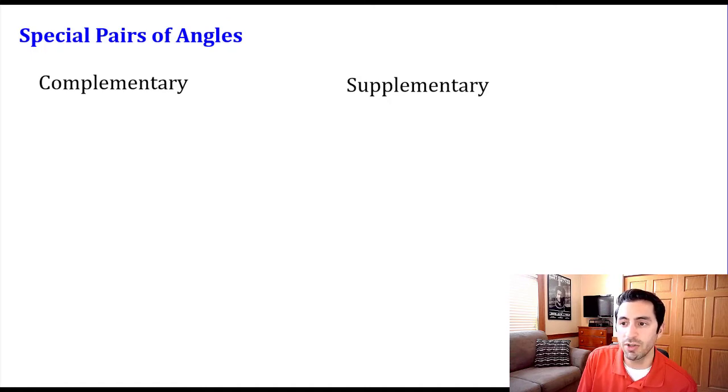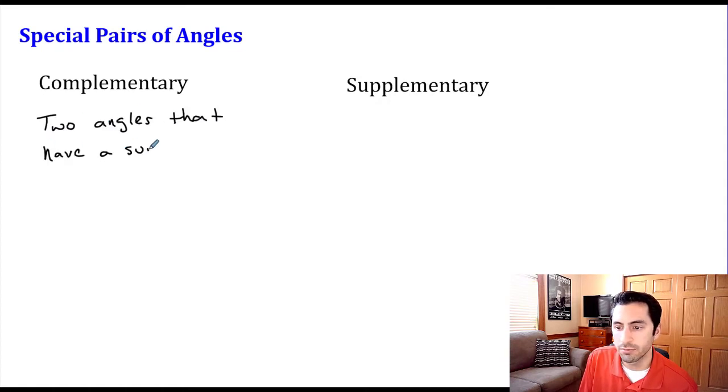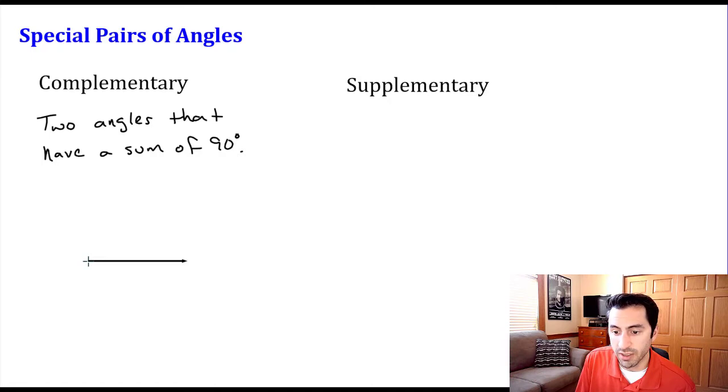So complementary angles, these are angles that have a sum of 90. Specifically, they are two angles that sum to 90. To put that in a diagram so we can visualize what this looks like, if these were right next to each other, they would form a right angle because they have a sum of 90 degrees. So here's a right angle.